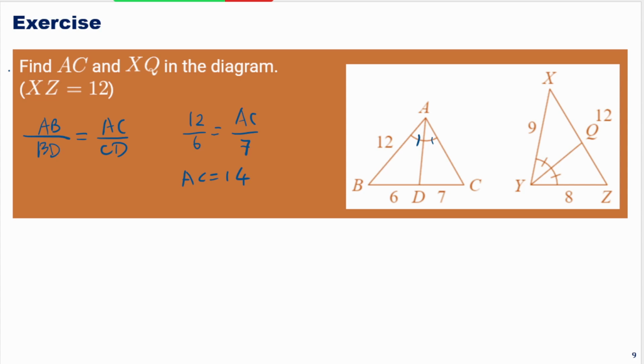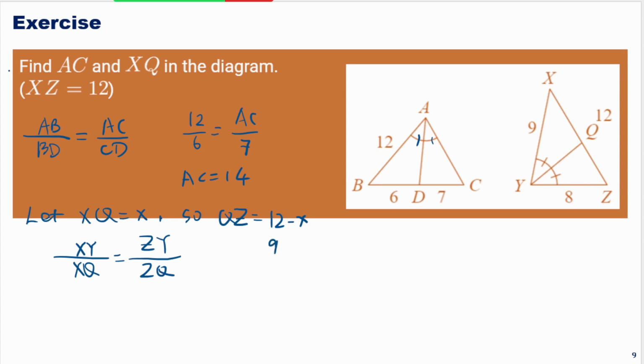In the second question, finding XQ is a little more challenging. But we can let XQ equal x to facilitate our discussion. So in that case, QZ is 12 minus x. The angle bisector theorem tells us that XY over XQ equals ZY over ZQ. So we have 9 over x equals 8 over 12 minus x.